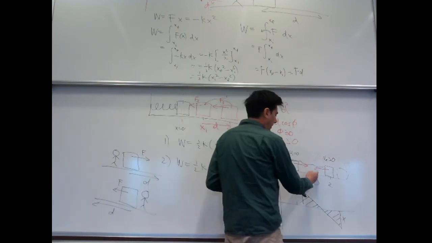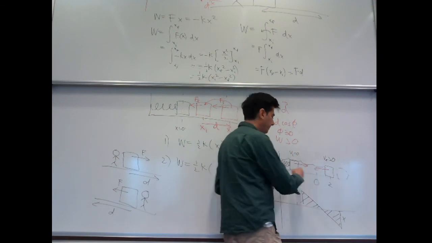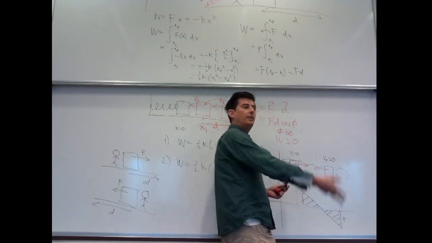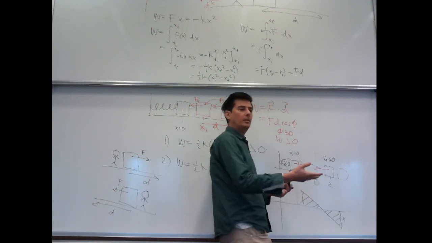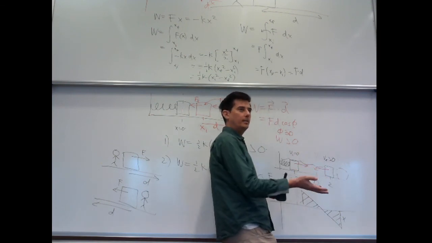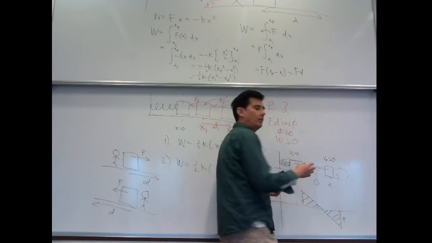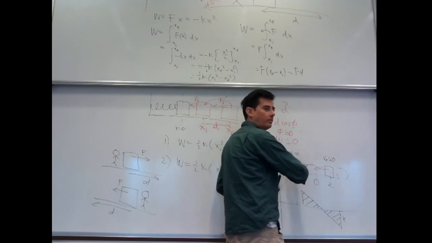In going from here to here, the thing is going to speed up, so work is done on the object. Kinetic energy is given to it. But then going from here to here, negative work is done, which means kinetic energy is taken away. In other words, it just bounces, goes boing, boing, boing, like this.